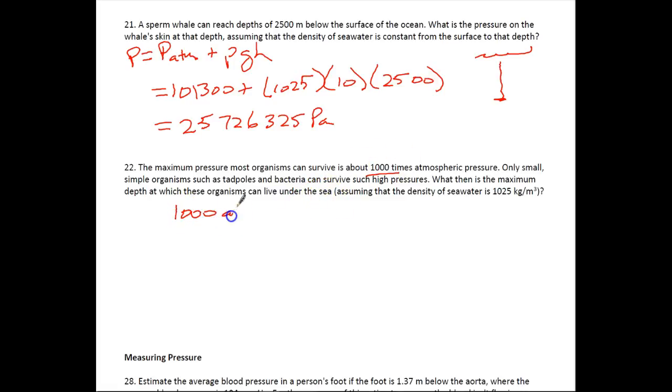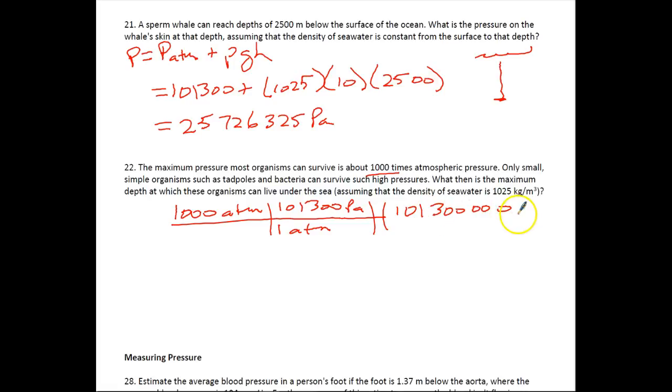The first thing we need to do is take 1,000 atmospheres and convert that into pascals. 1 atmosphere is about 101,300 pascals, so here you're getting 101,300,000 pascals. The change in pressure then should be equal to rho GH.